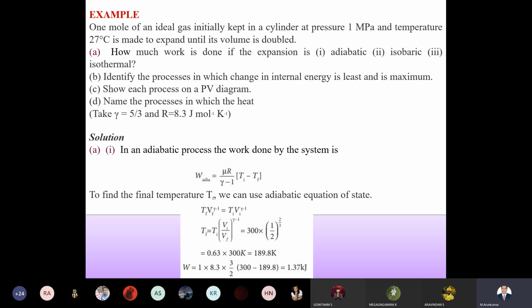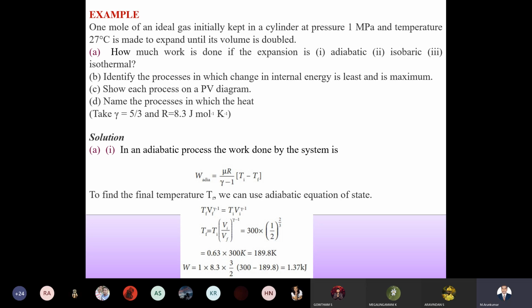Then identify the processes in which the change in internal energy is least and maximum. So you have to find the change in internal energy, delta U, by using the first law of thermodynamics. Then the third question: show each process on a PV diagram. So adiabatic process, isobaric, isothermal.